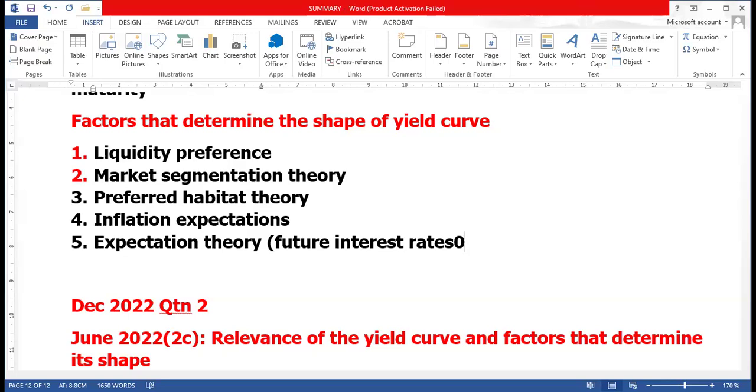If you as an investor expect the future interest rates to rise, then the long-term yields will be higher than the short-term yields. And that can change the shape of this curve. Okay?